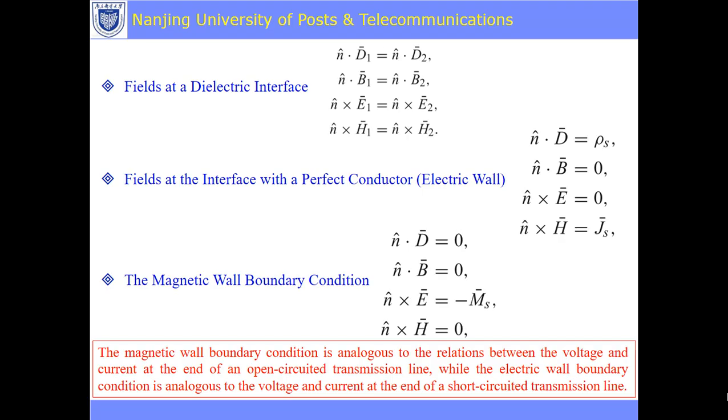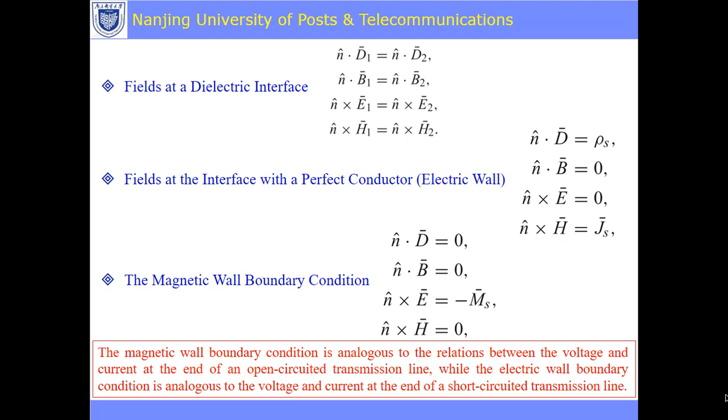The magnetic wall boundary condition is analogous to the relation between the voltage and the current at the end of an open circuit transmission line.